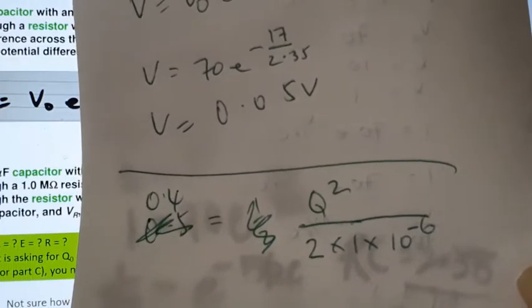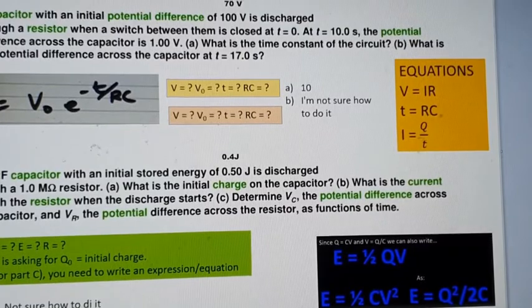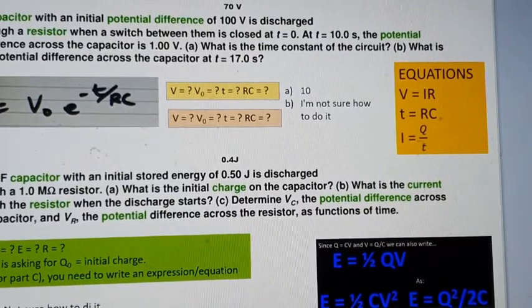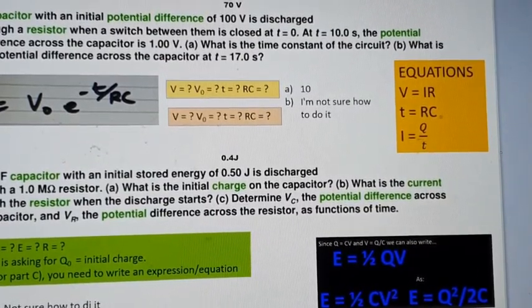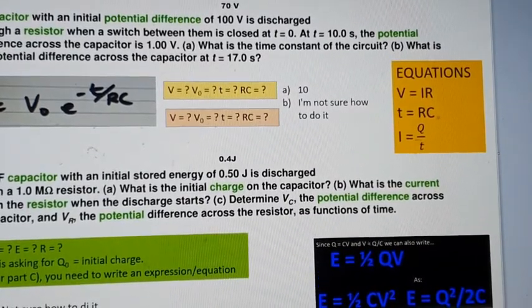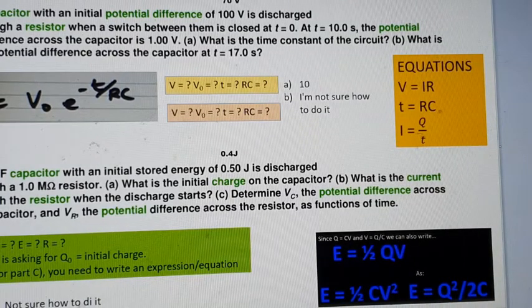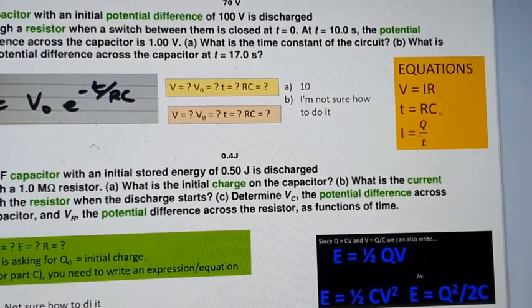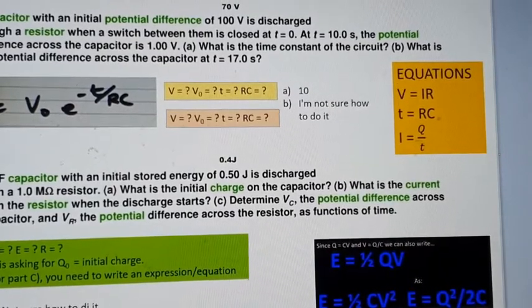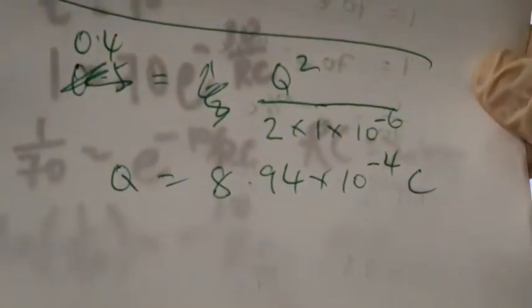So you can rearrange to work out Q. You multiply 0.4 by 2 times 1 times 10 to the minus 6, and then you square root that, and then I get Q is equal to 8.94 times 10 to the minus 4 coulombs. So that is what I get.